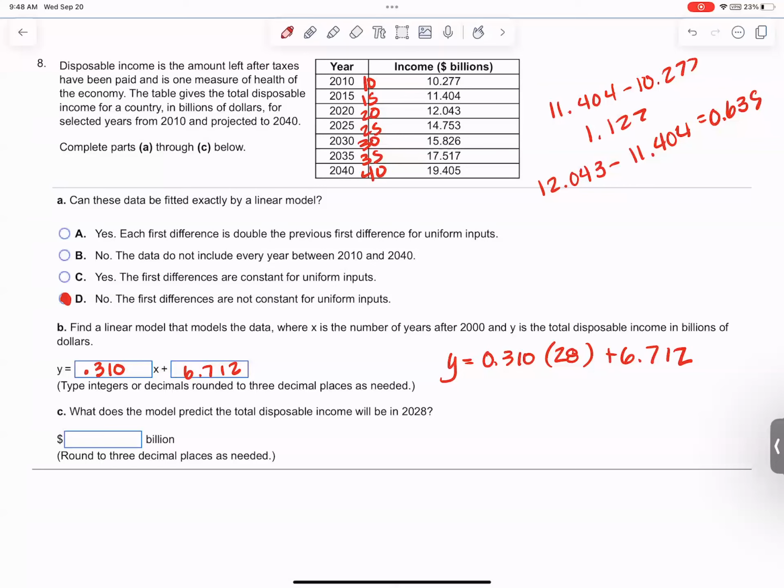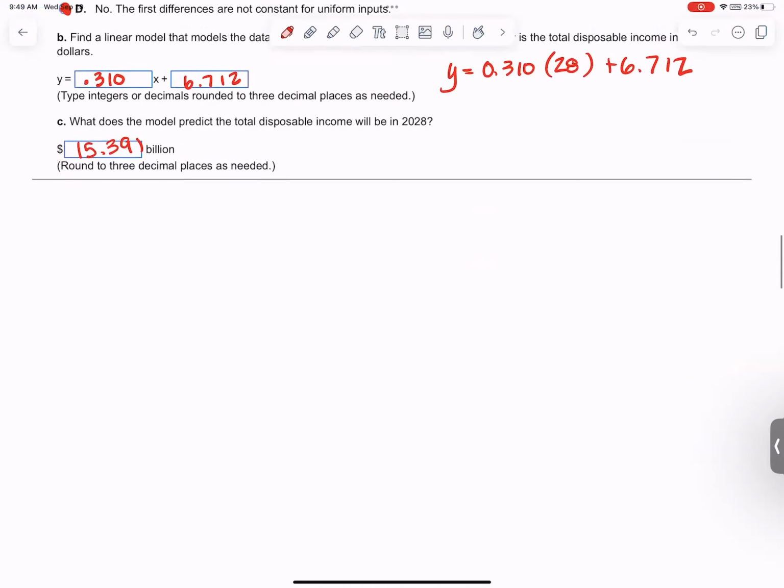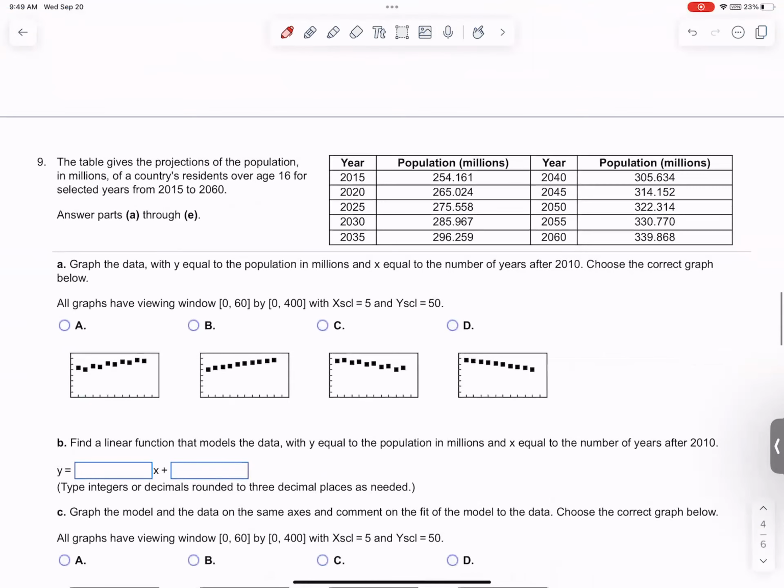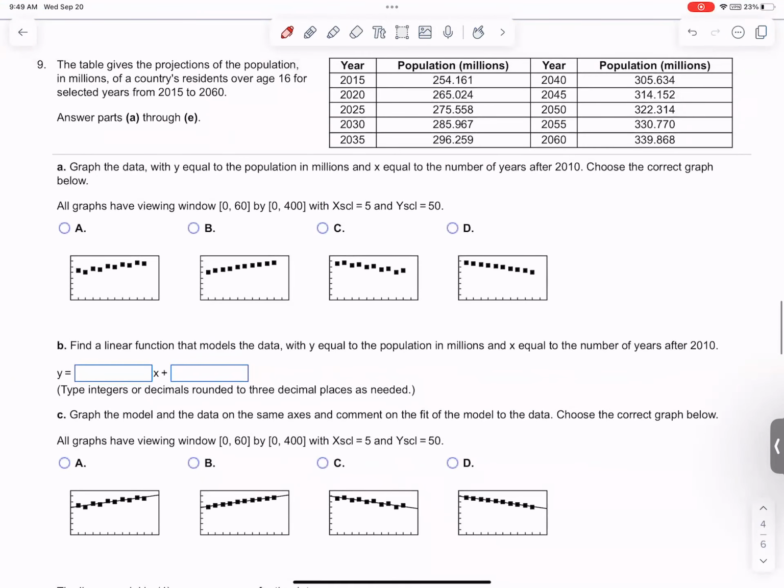Now let's try it. It would have been way faster by just plunking it in there. There we go: 15.391. All right, now I get to do another one.